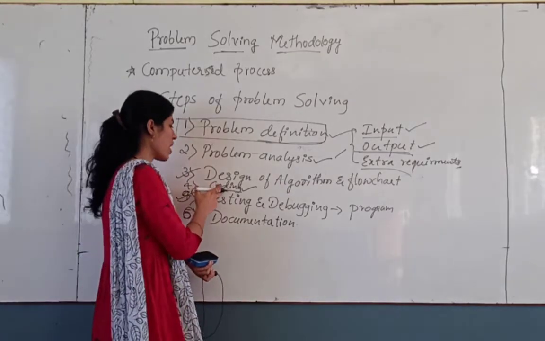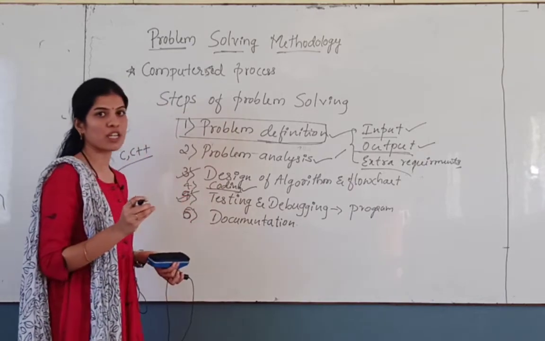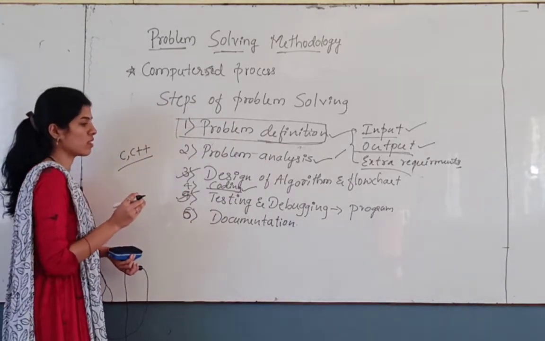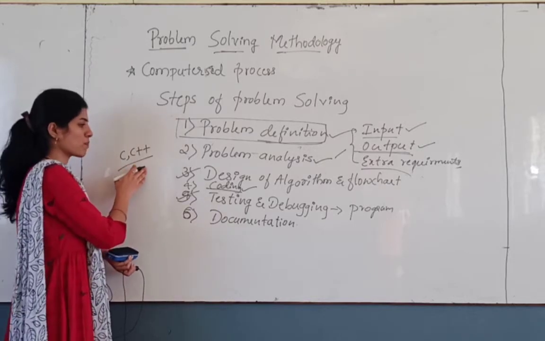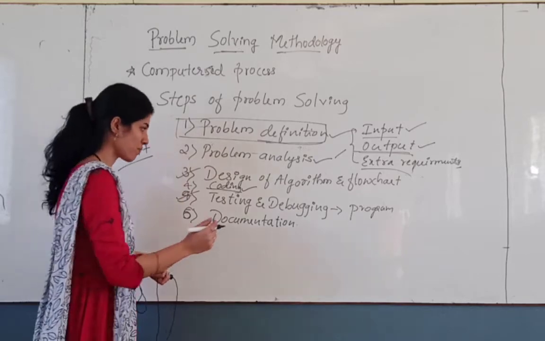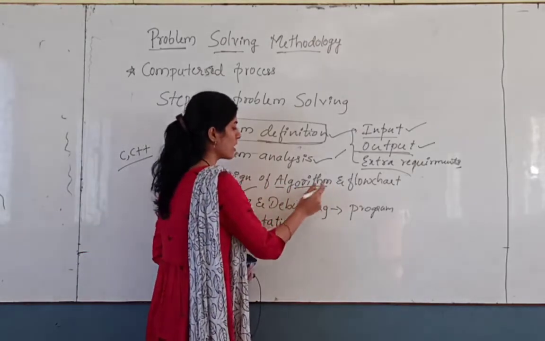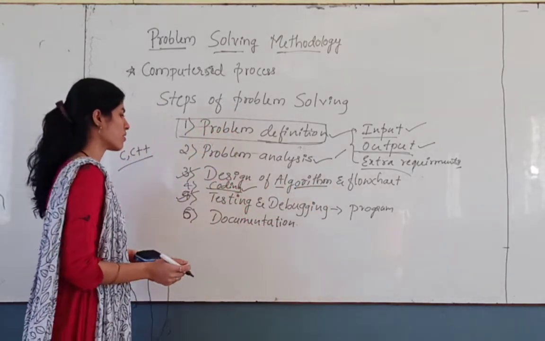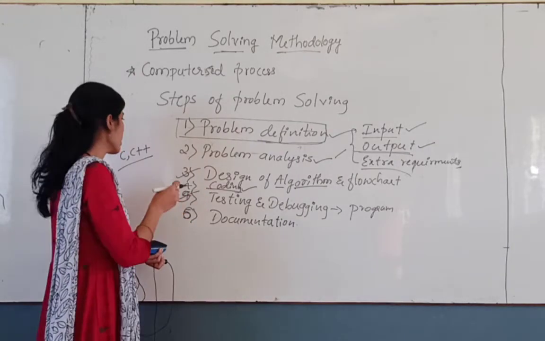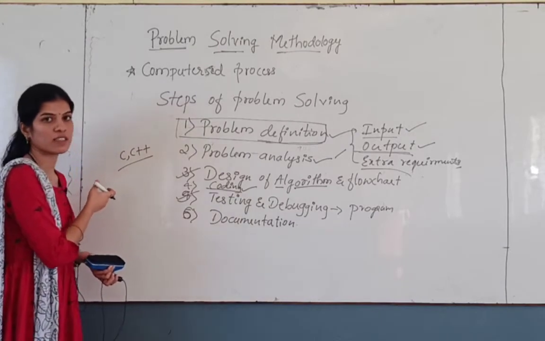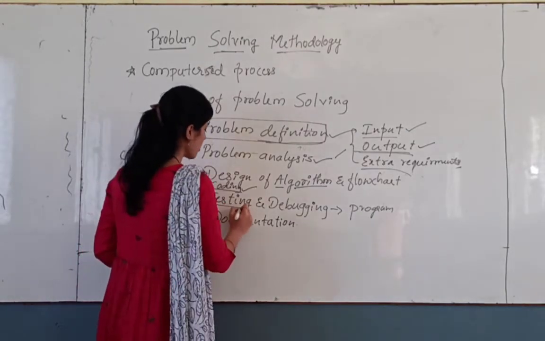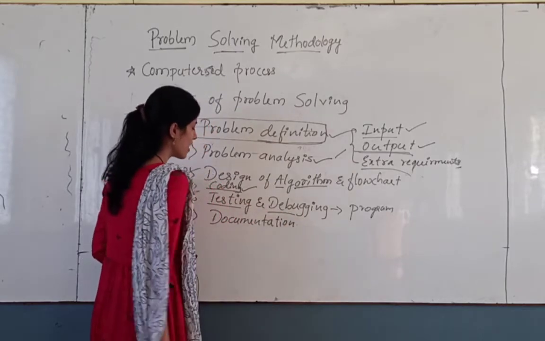Coding means we use all types of conditions and terms and write one C or C++ program with the help of the algorithm and flow chart. We will study this algorithm later. Coding is a step by step procedure and should be written in C or C++ language.